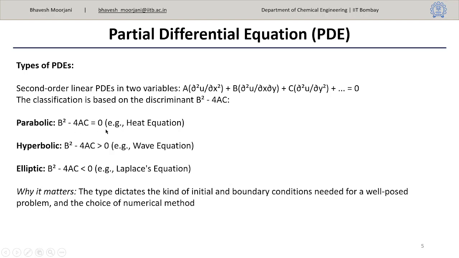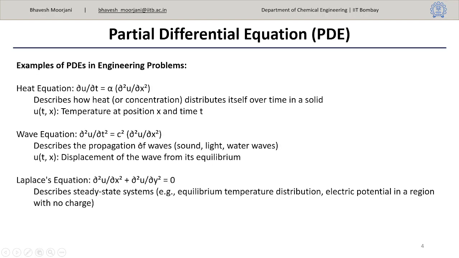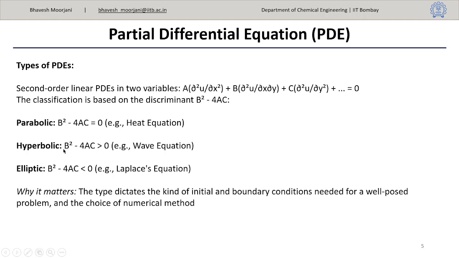Then for the hyperbolic part, we have the wave equation. Here you have both coefficients. One coefficient is 1 and the second coefficient is c square. B value is 0, so that becomes 0 minus 4 c square.